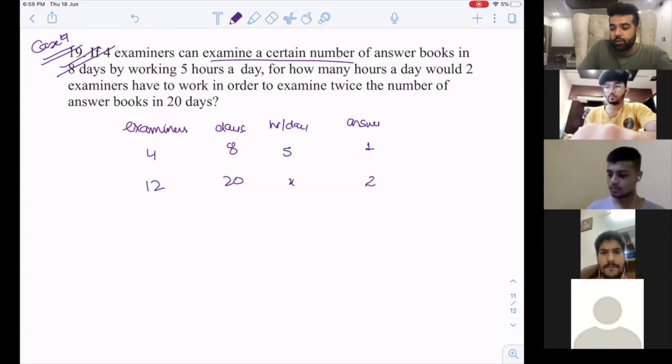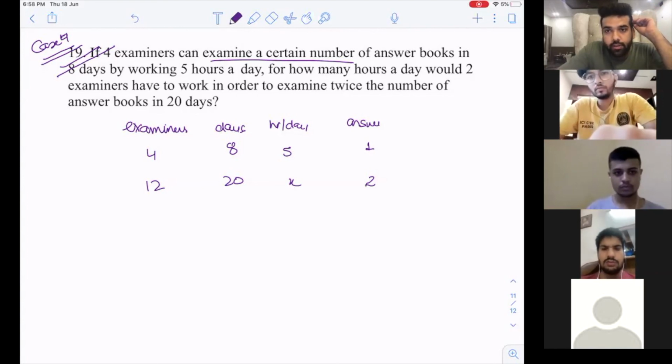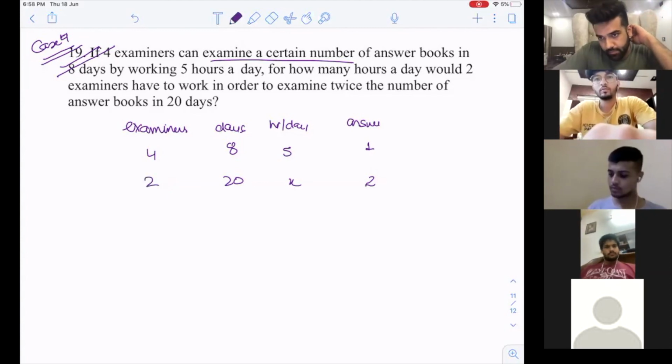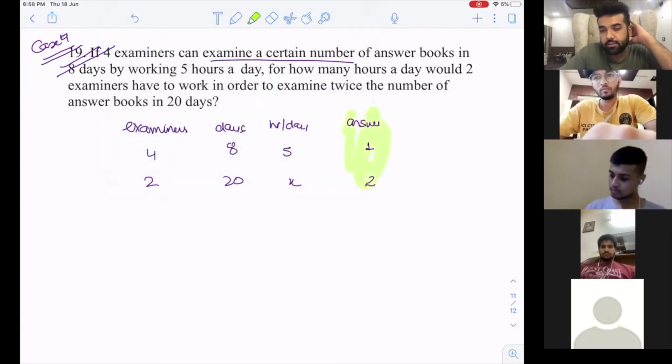Were you able to make all these statements? Yes or no? Which is 12? Is 12 given in the question? 2 examiners, not 12, 2 examiners, my bad. This is 2 examiners. Clear everybody? From the statements we have to make sure we write this.